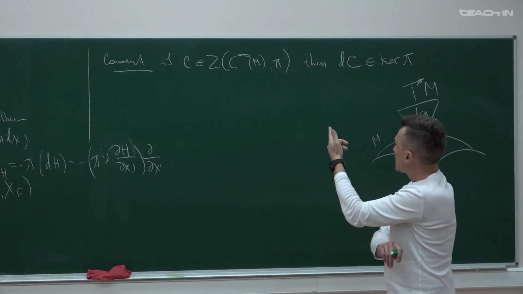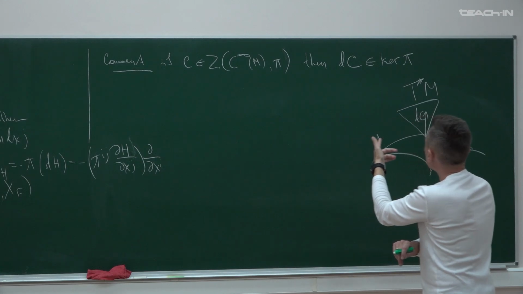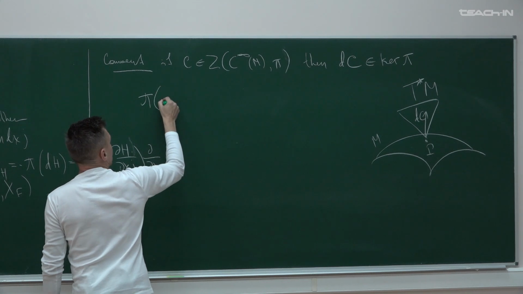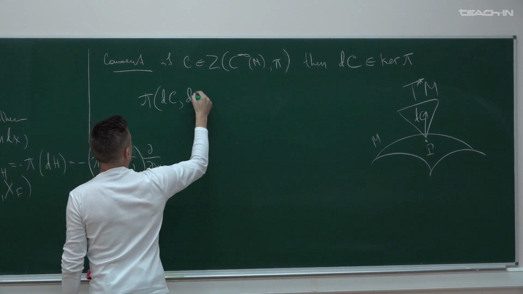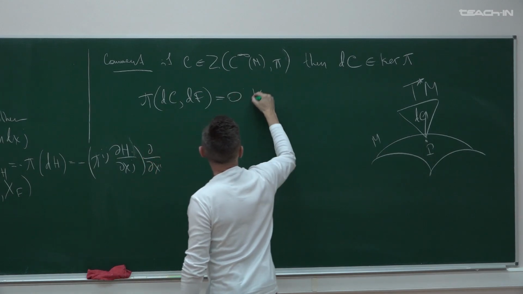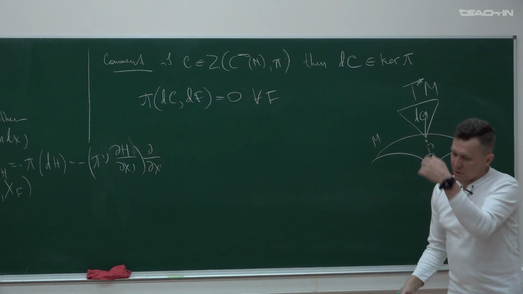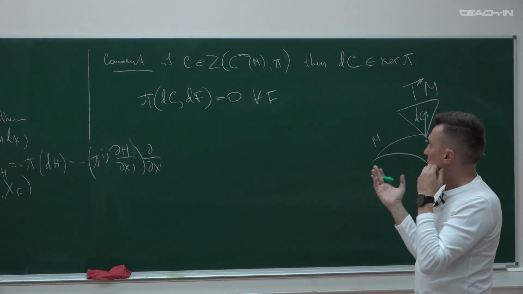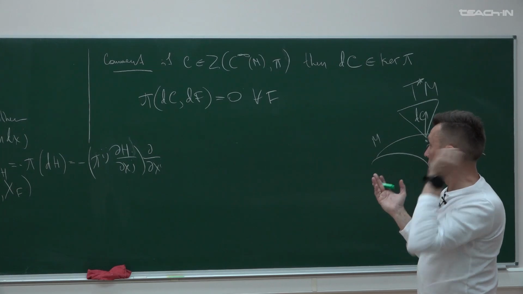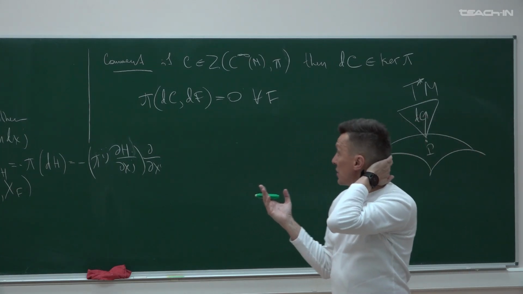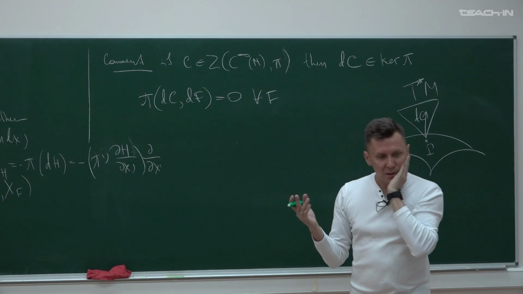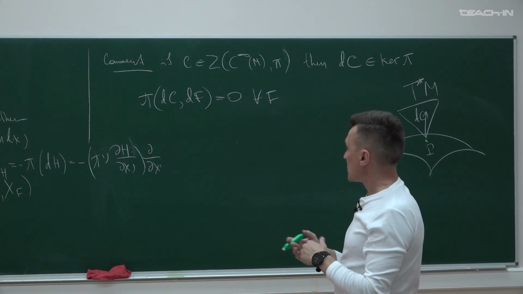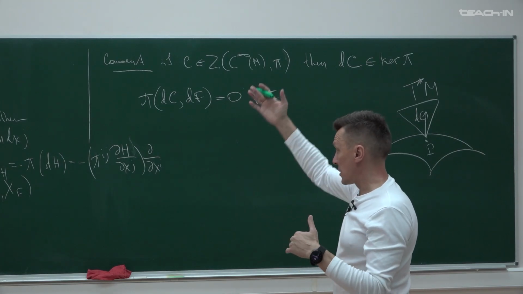And the fact that C is a Casimir function means that pi applied to dC, df is equal to 0 for all f. It means that this bilinear function has a kernel. And from linear algebra, you should know that in this case, the rank of this bilinear function is less than the dimension of the space M.